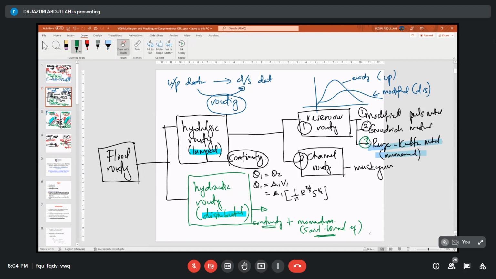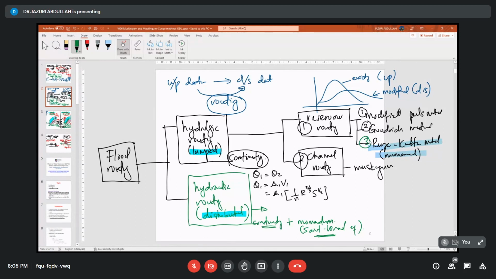Okay, so on the hydrologic routing I will cover reservoir routing and channel routing, and then for the hydraulic routing on the distributed part, I will cover only one method because we don't have enough time, and I will give you some of the example, detailed explanation on the example, and the example itself comes from the Sugamaya.